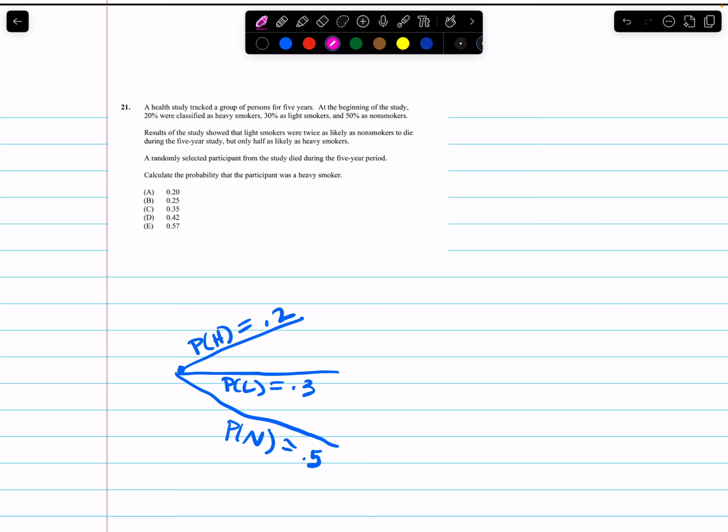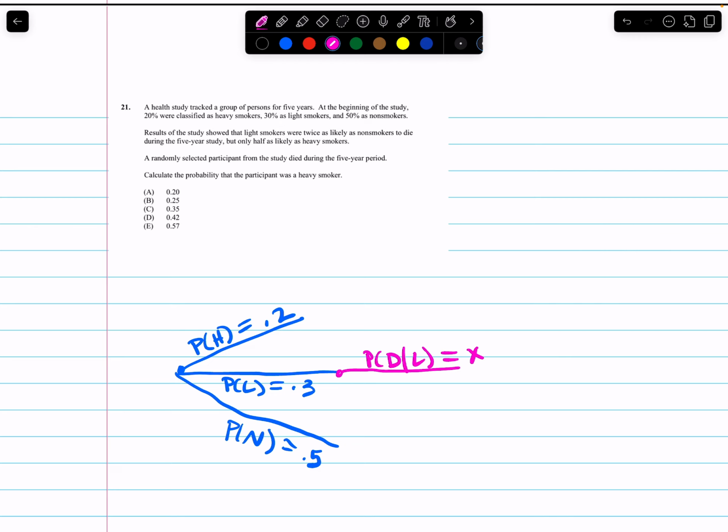And if you notice, we're given the information in terms of light smokers. That is, light smokers were twice as likely to die as non-smokers and half as likely to die as heavy smokers. So we're going to say the probability that you'll die given you are a light smoker is our X. We don't know what it is, but it's some value.